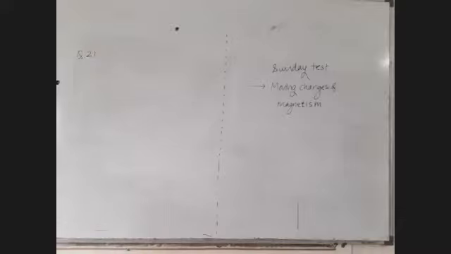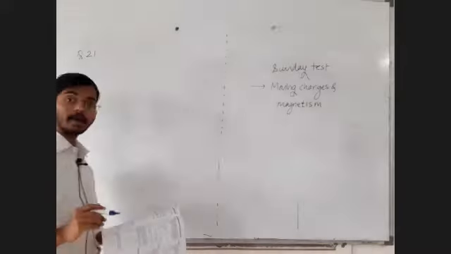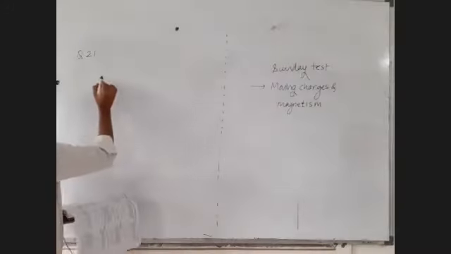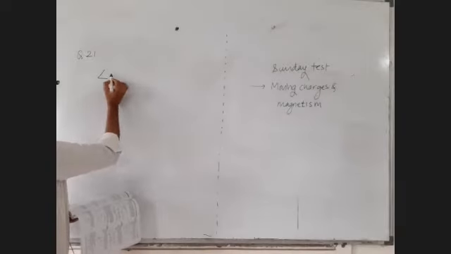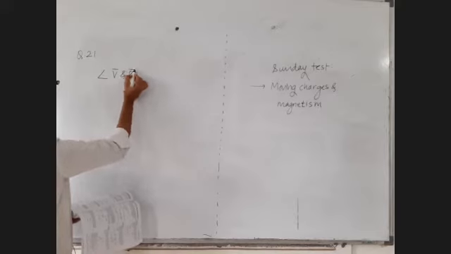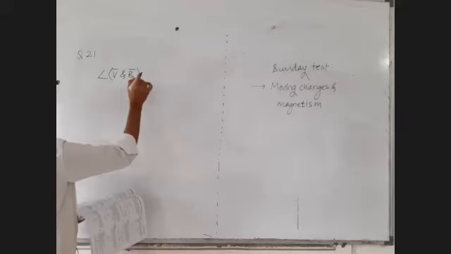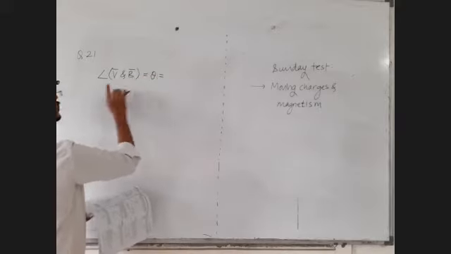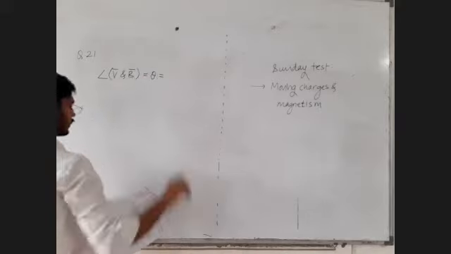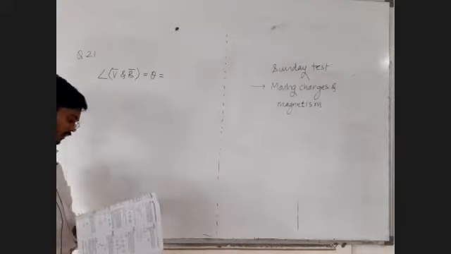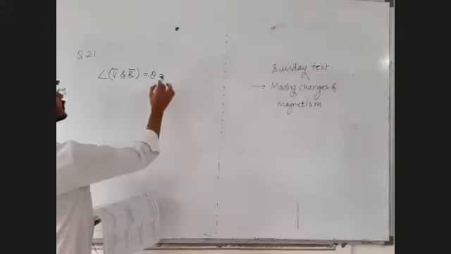An alpha particle travels at an angle of 30 degrees to the magnetic field.